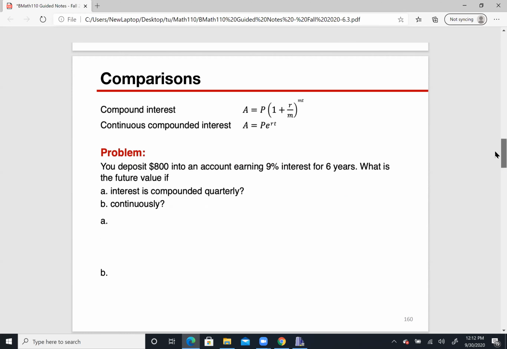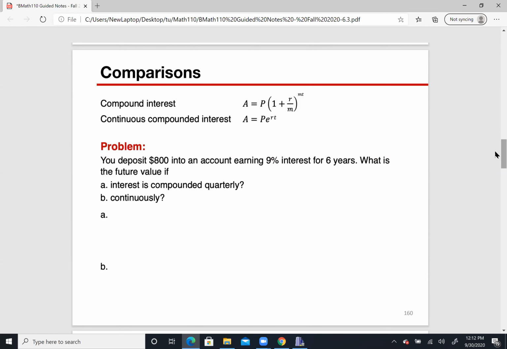Now for the comparison between compound interest and continuous compound interest, these are different. We have a different formula for these two. So let's try a problem to compare.